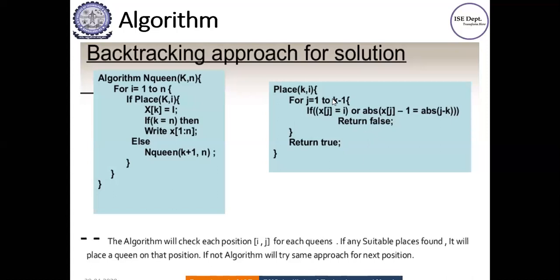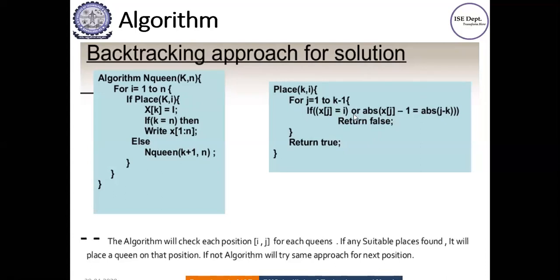Now go for the for loop. It starts from 1 to k minus 1. That is what I told, only the first k minus 1 values have to be used from the set. Now what are we doing in this if condition? If x of i is equal to i, we are checking whether two queens are in the same column or not.